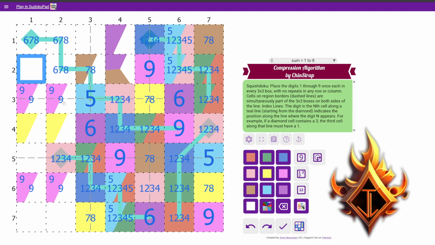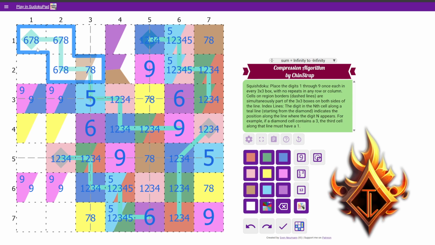Oh, dark blue will go up here, looks like. Dark blue's already on that big index. There's a green and red missing from this still.